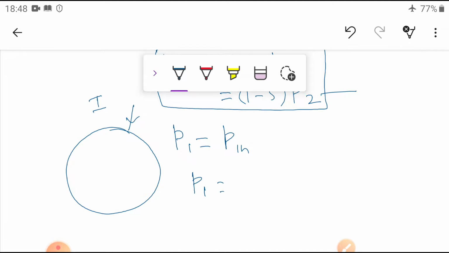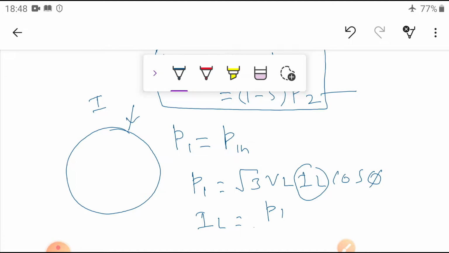P1 is equal to root 3 VL IL cos phi. I want IL, so IL is easily calculated: P1 by root 3 VL cos phi.